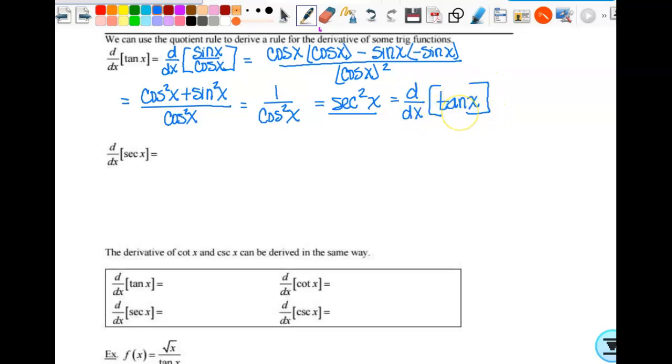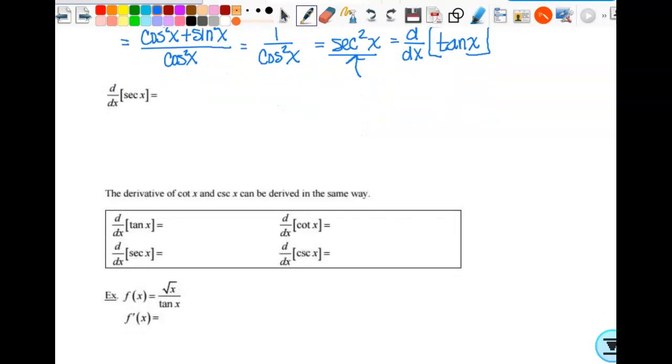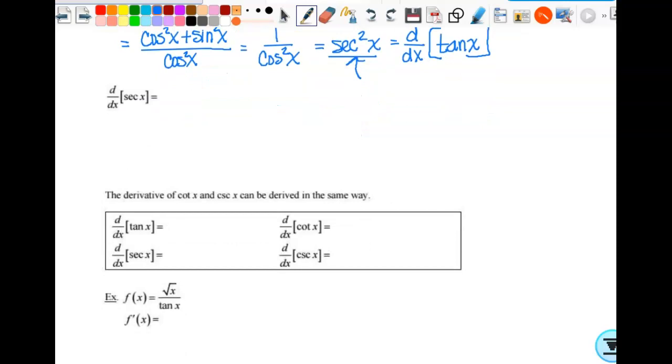You did all that to get what I already gave you the other day, but I wanted you to see where it came from and why, and that it wasn't just because she said so. The derivatives of cotangent and cosecant can be derived in the same way, but the derivative of tangent is secant squared x.